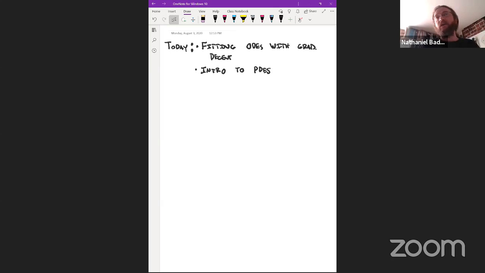PDEs are decidedly nonlinear, and we'll see that that potentially causes a lot of problems. Okay, so the way that we're going to be fitting, where gradient descent falls in, is roughly the loss minimization framework.